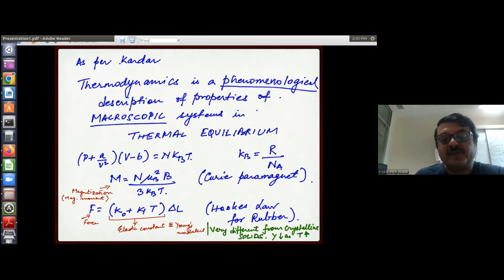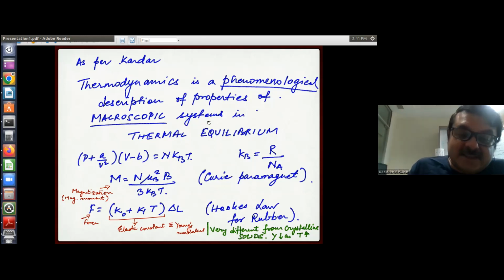I just told you something interesting about what entropy can do. It can increase elastic constants. But again, the point to note is that this equation is a phenomenological description of the properties of macroscopic systems. It is seen that the elastic constant actually increases as a function of temperature for rubber-like material, while it decreases for other materials, and this is a phenomenological description.